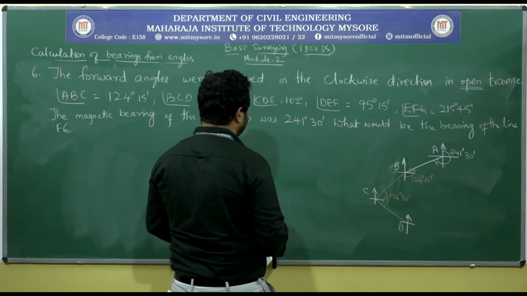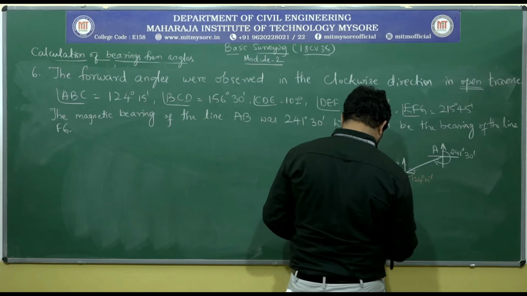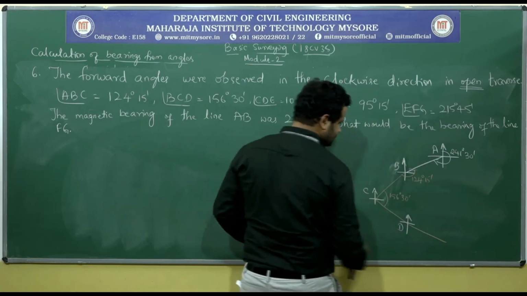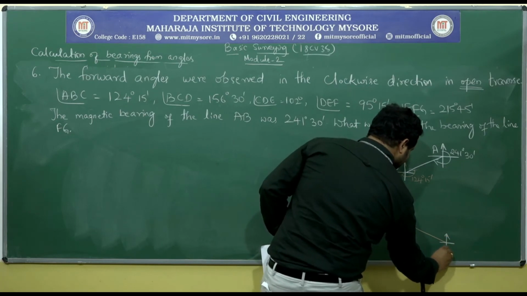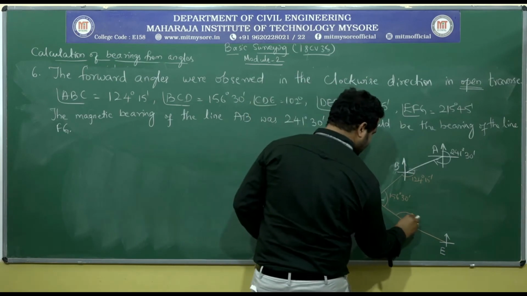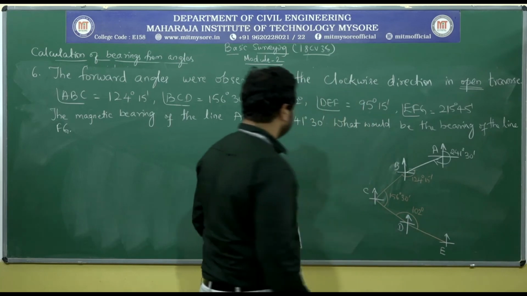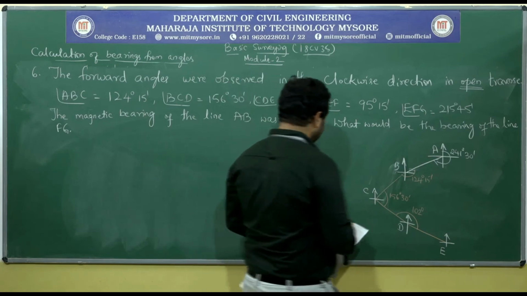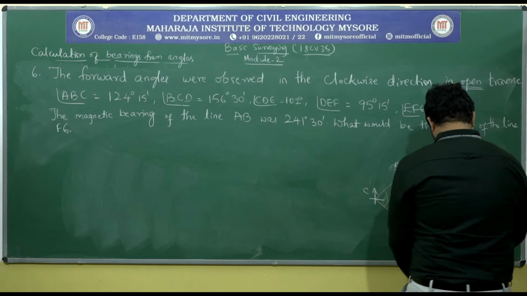Next, from D, if you proceed, you have an angle of 102 degrees, plotted like this. This is your station E, and the angle CDE is 102 degrees. Correct? Next, angle DEF, angle E is given, that is 95 degrees. So it will be in the first quadrant itself.